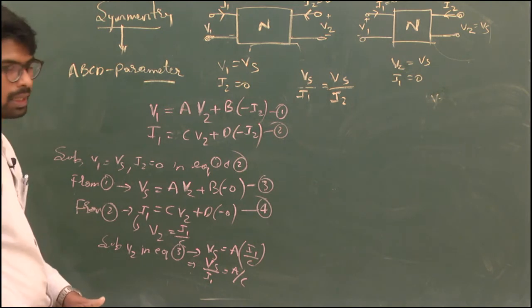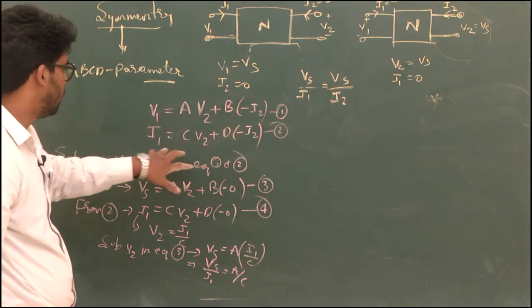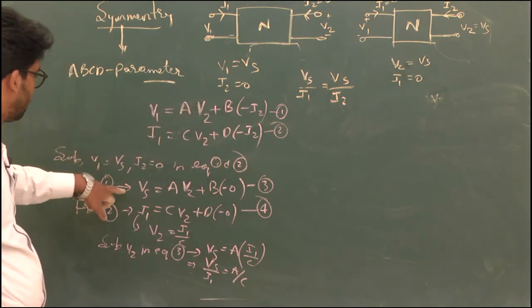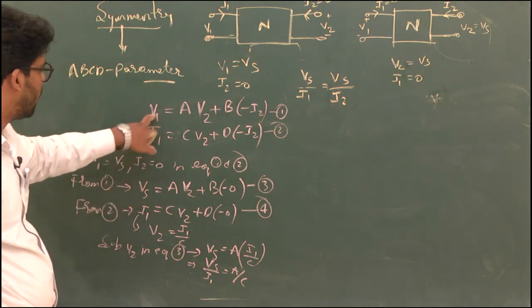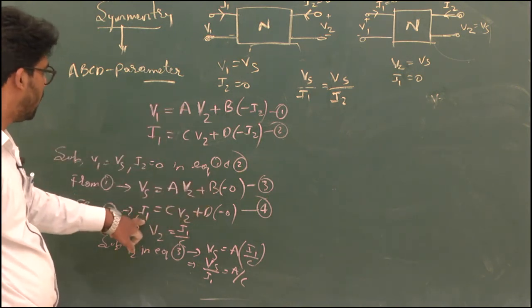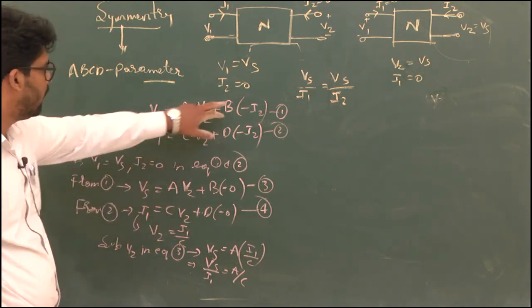One second, let us check: V1 equal to A V2 plus B minus I2 and I1 equal to C V2 plus D minus I2. That is okay. We replaced V1 with Vs, and I2 is 0. Now I need Vs by I1.